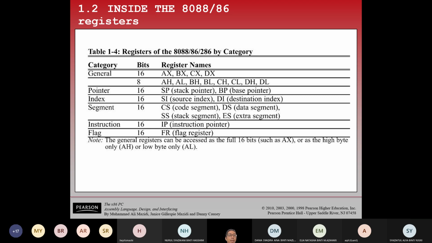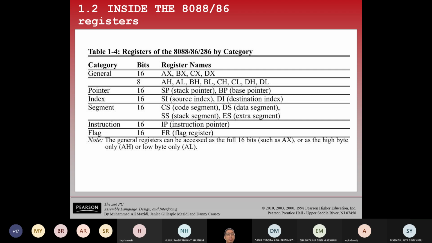Then you have the pointers, defined by the names SP and BP. SP is the stack pointer and BP is the base pointer. You also have the index registers, which are 16-bit, named SI and DI.